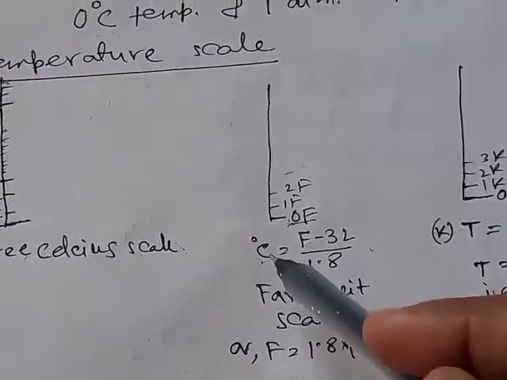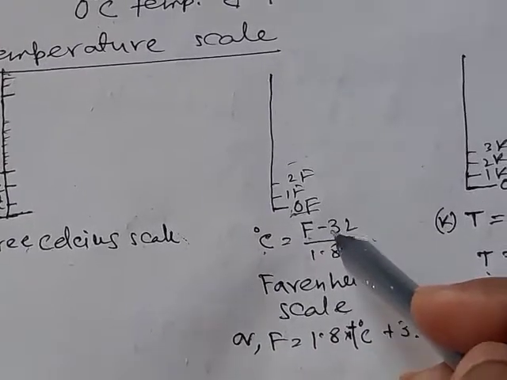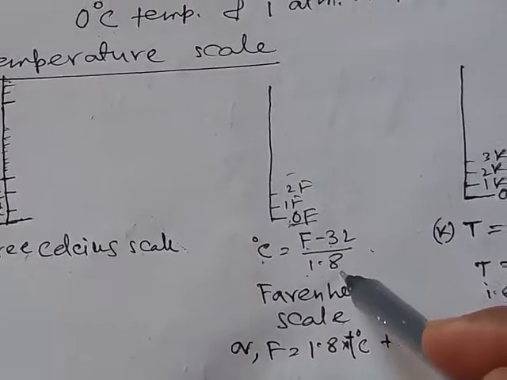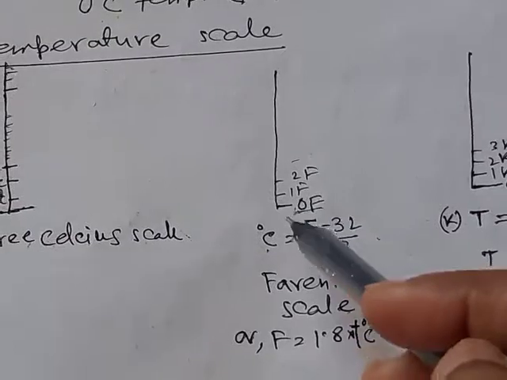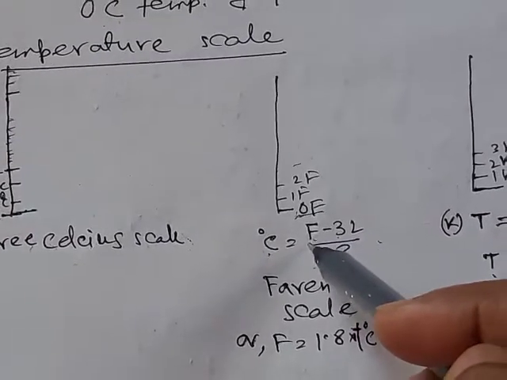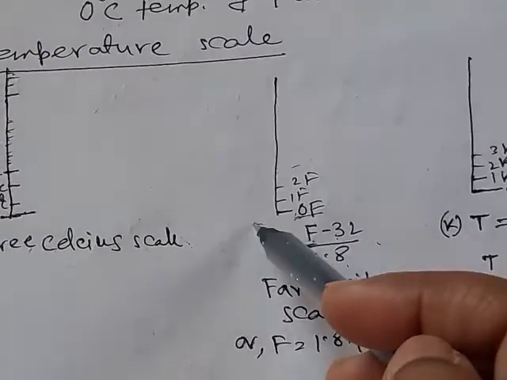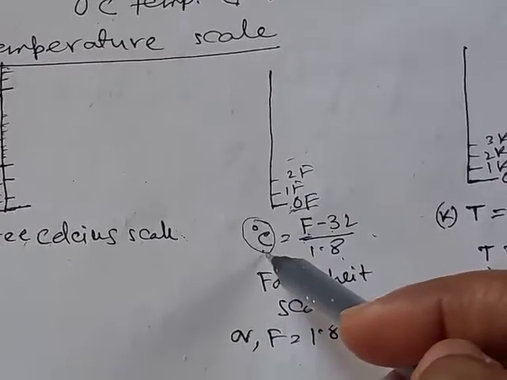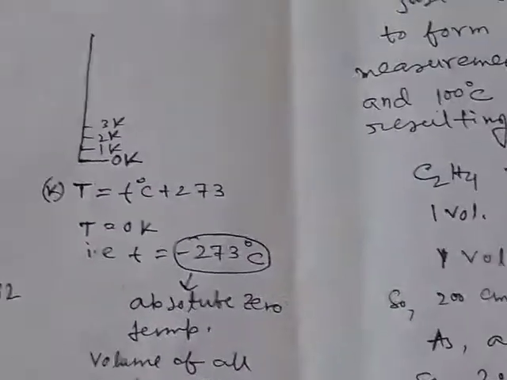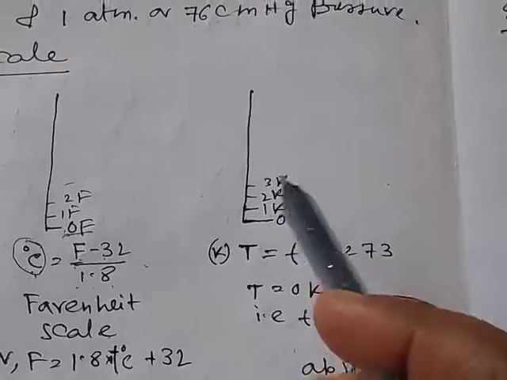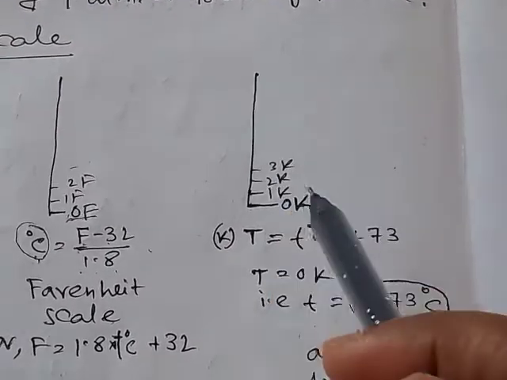Degree Celsius is equal to Fahrenheit minus 32 by 1.8. So if we know the temperature on the Fahrenheit scale, that is the value of F, then we can determine the value in degree Celsius.